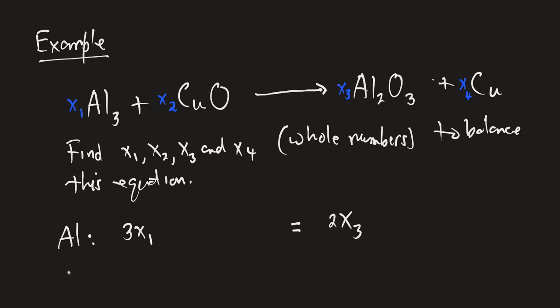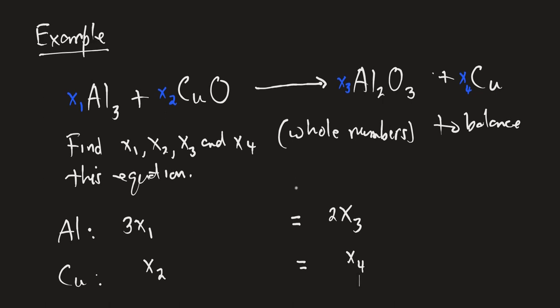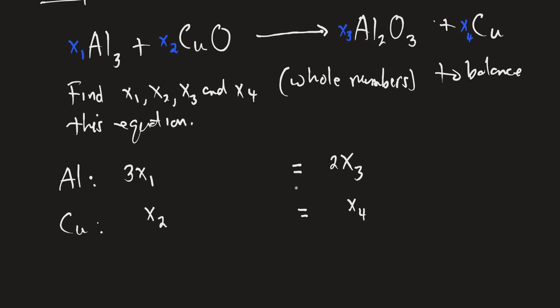The next one is copper. On the left, we have only 1 times x2 atoms of copper, so x2 is equal to 1 times x4 atoms of copper on the right. Whatever we come up with for x2 has to equal whatever we come up with for x4.